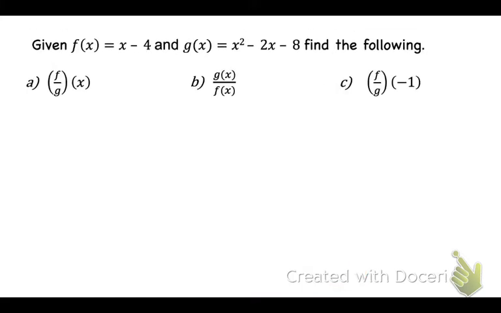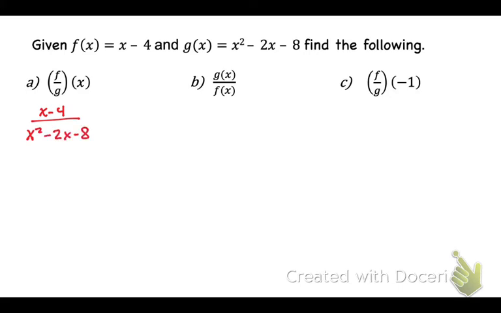Okay, given f and g, find the following. What am I doing on the first one? Dividing. So do it. We'll do it with all of them, I guess. Okay, and what do I have to do on this first one?